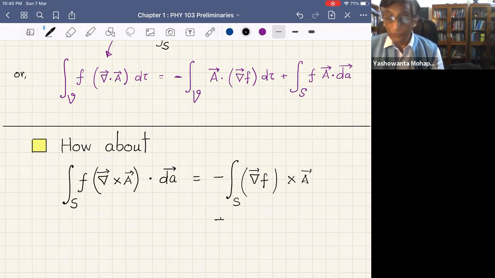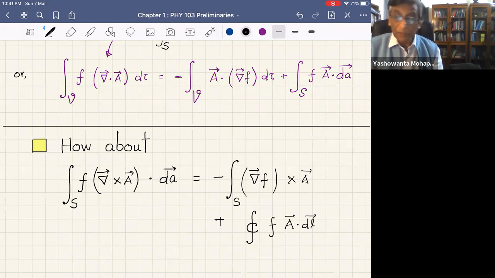Plus, I have to add the border. What is the border for a surface? The curve C, the path C. And that would be f a dot dl. Similarly, many of these product rules can be converted into integration by parts, and you will use them at different parts of the course. So this is just to keep in mind that sometimes it's useful to do this.